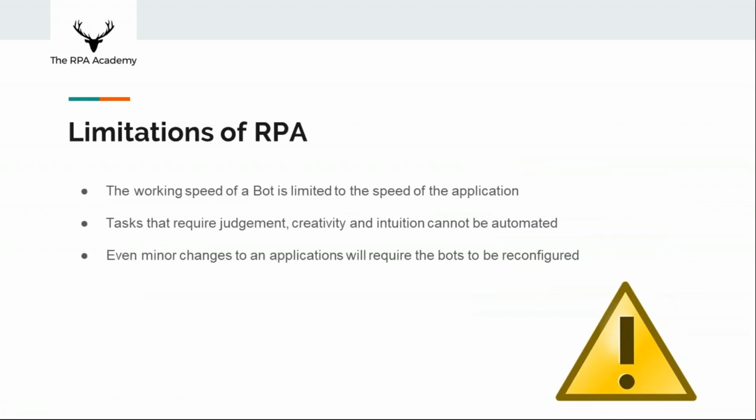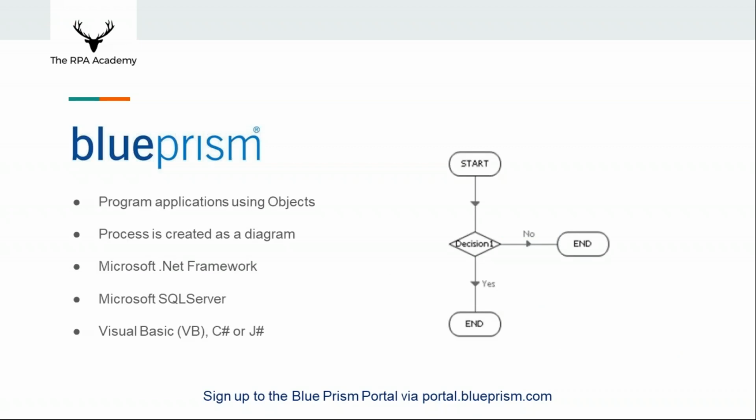Okay, so let's move on. Thank you very much, Raquel, for that. Blue Prism. So what is it? Blue Prism is an application. It's an RPA application, okay? As you probably know, it uses object-based building, as Raquel mentioned.